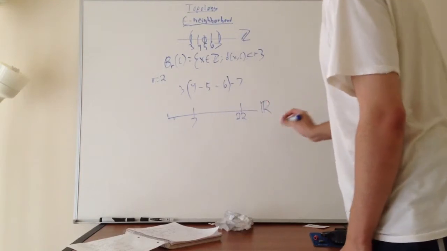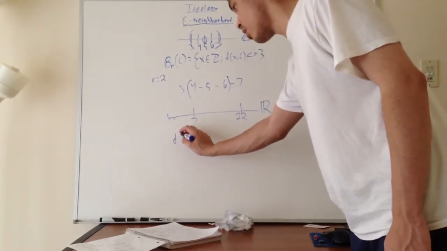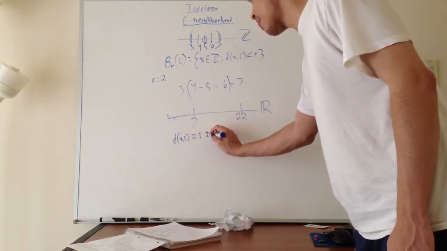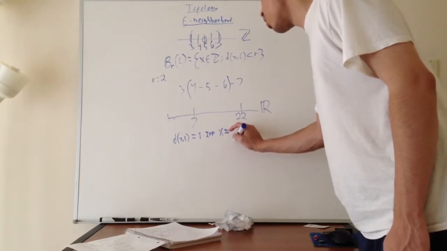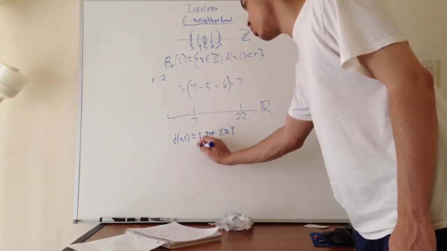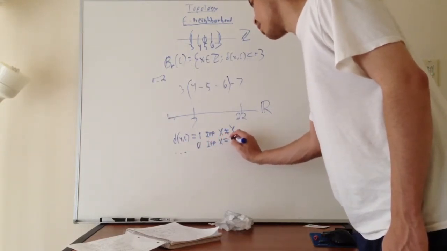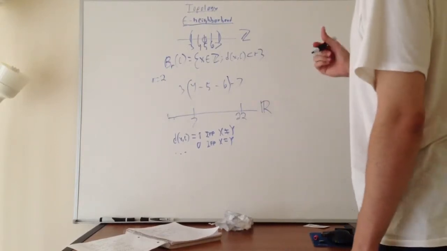Remember, the discrete metric is where the distance is equal to 1 if X is not equal to Y, and the distance is equal to 0 if X is equal to Y. So basically, every point that's not itself is at distance 1.